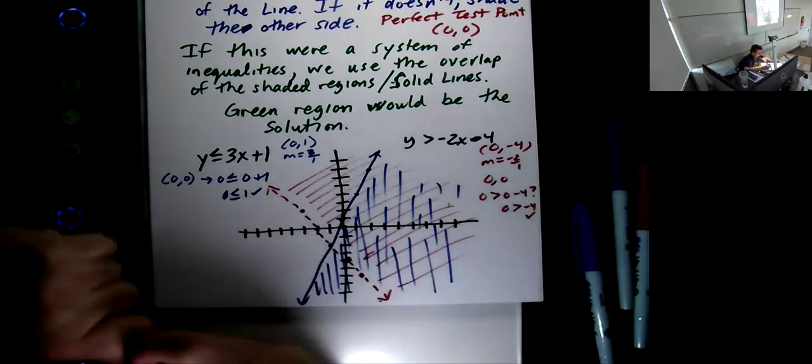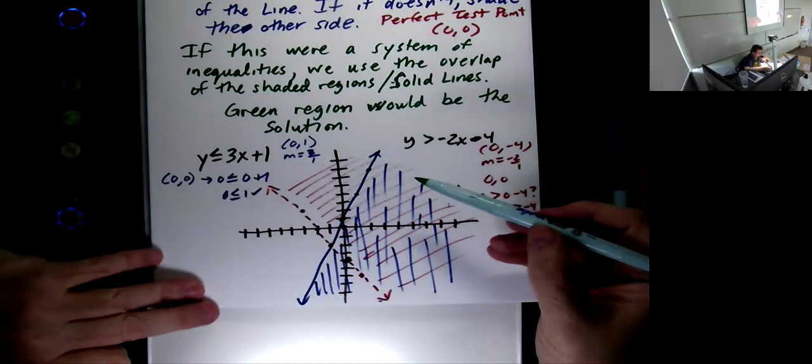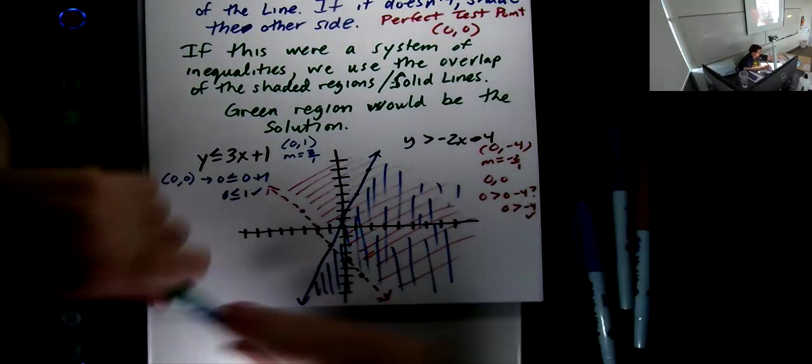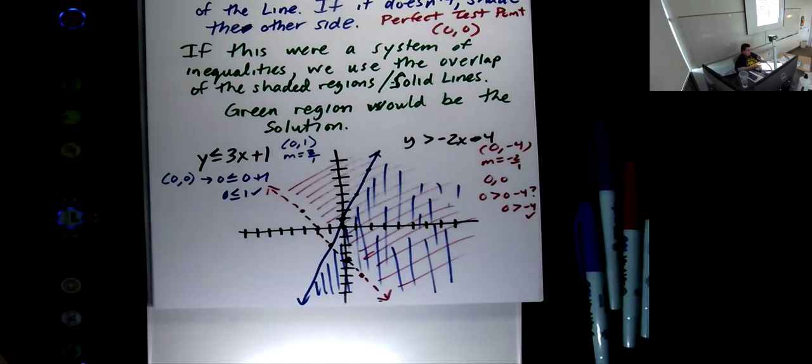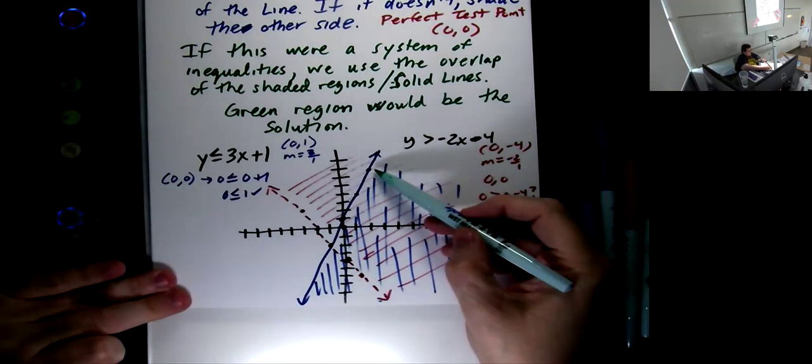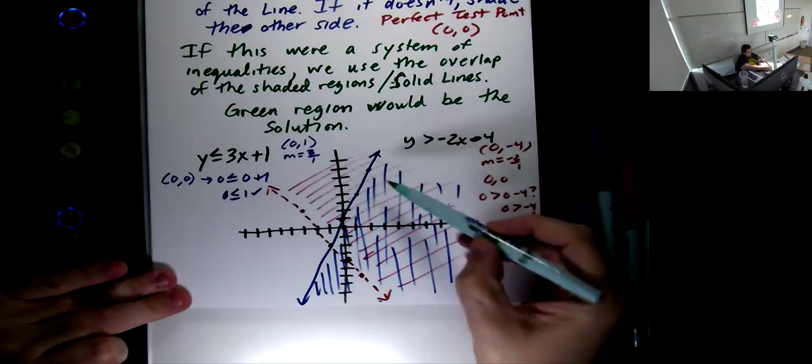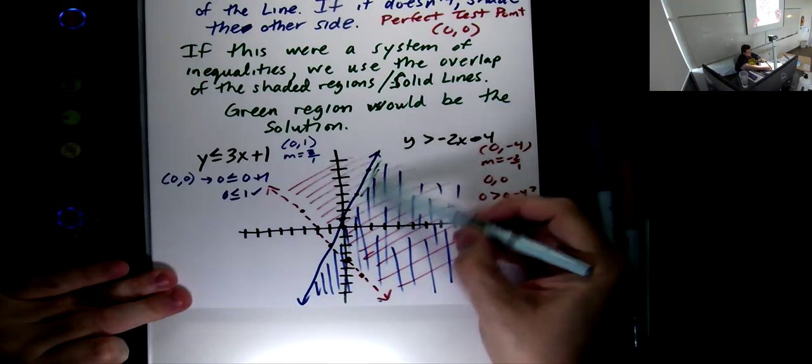So, as a system of inequalities, this is a great time for that green one. A system is going to be where they overlap. Both red and blue are in this region.